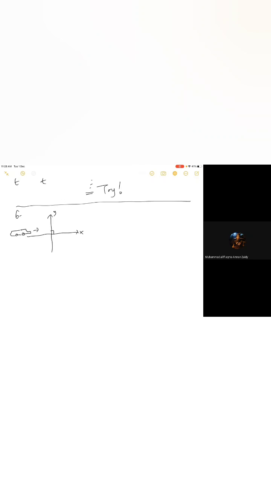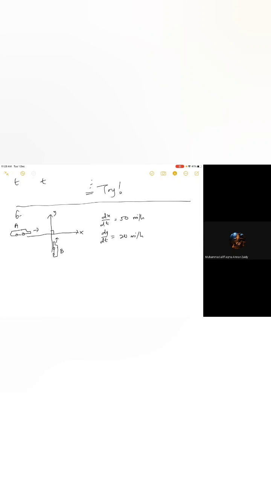So maksudnya dx/dt lah. dx/dt is 50 miles per hour. And lorry B on the other road. So lorry B tu dia datang daripada sini pula. Okay, datang daripada sini maksudnya dy/dt. So this is lorry B, this is lorry A. So lorry B moving on the other road approaches the intersection at 20 miles per hour.